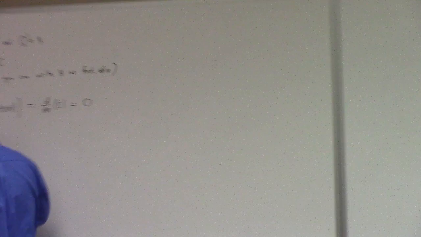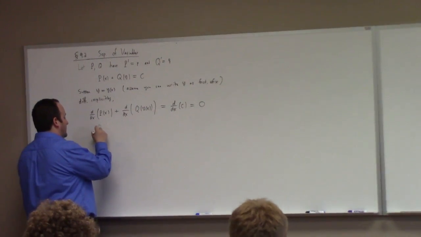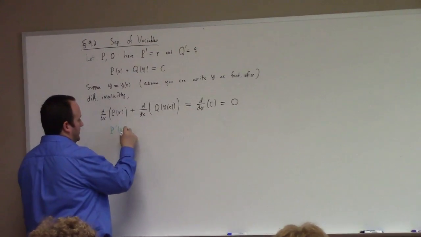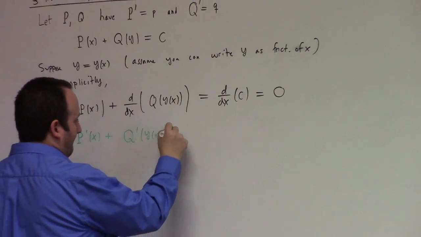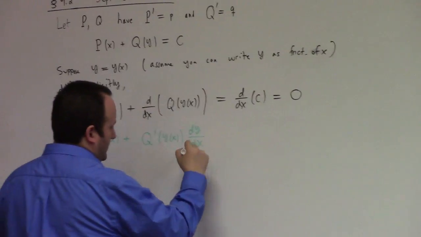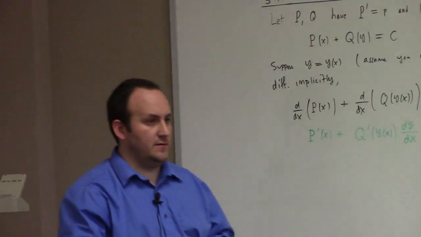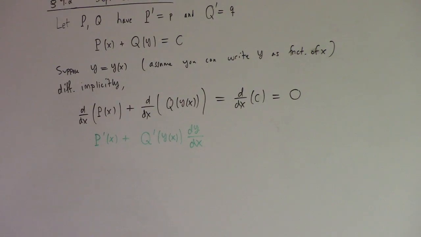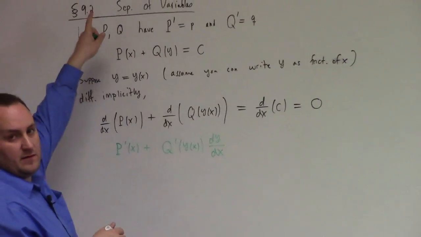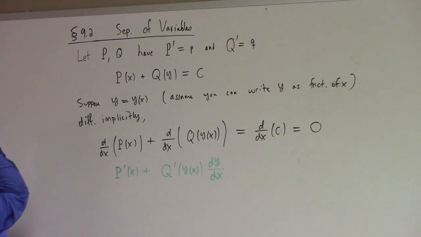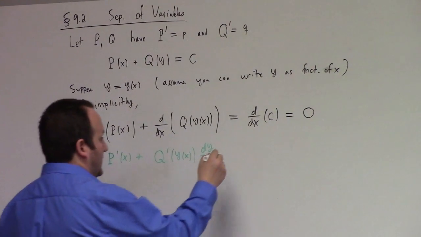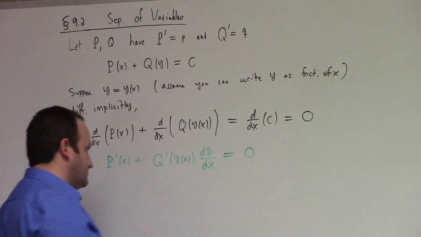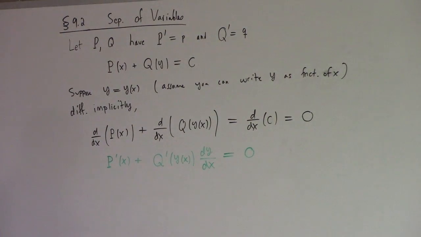But I'll just do one more step here. This is P prime of x plus Q prime of y of x times dy/dx, by the chain rule, and that's equal to 0.